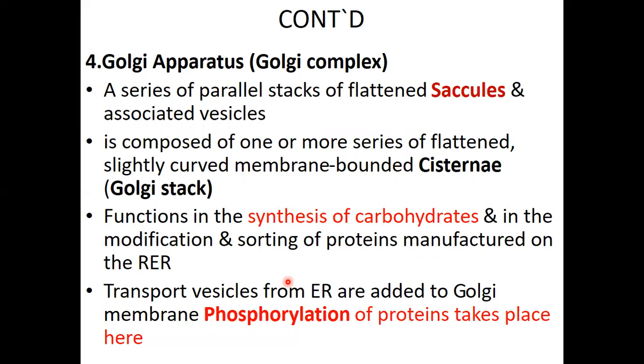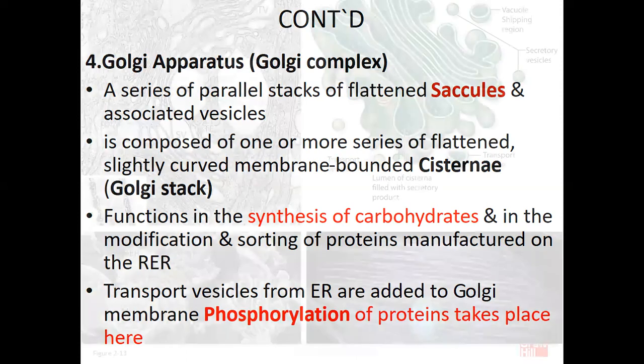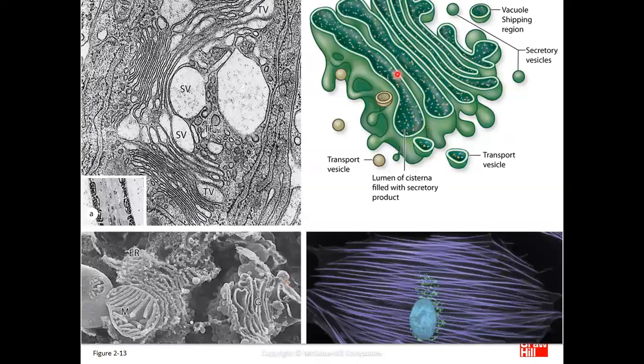It is also another organelle that is membrane bound, so it is surrounded by a membrane. The Golgi apparatus is slightly different from the smooth ER in the sense that it is also a series of tunnels, but these tunnels are flat. They are not tubular like we saw in the rough and smooth ER.